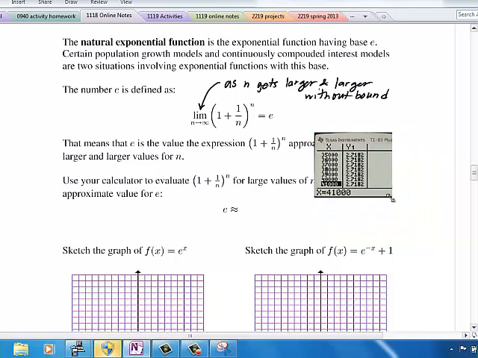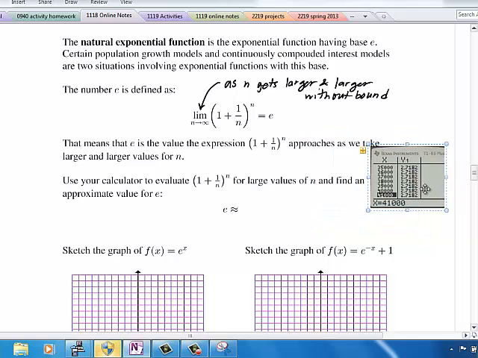So we get approximately 2.7182. And we truncated that, we cut it off, so that's not the exact value for e, but it's close as an approximation.